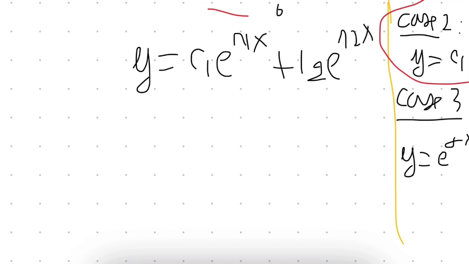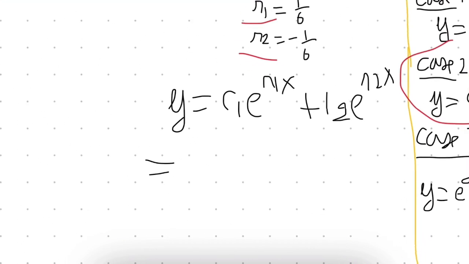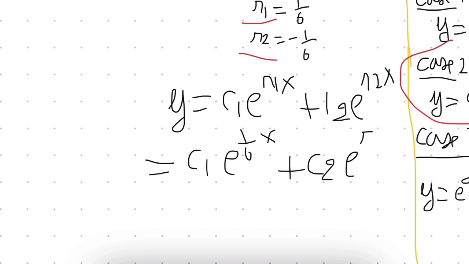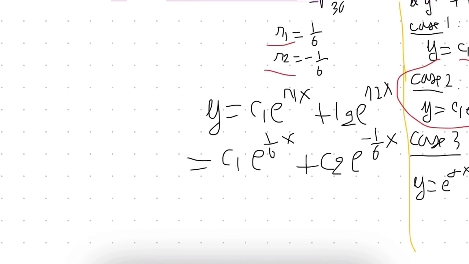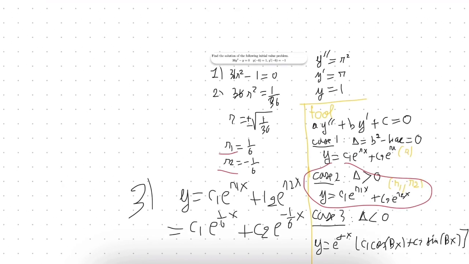So now we're going to replace it by what we found above: y equals C1 e^(1/6 x) plus C2 e^(minus 1/6 x). That was the third step, which is find y.